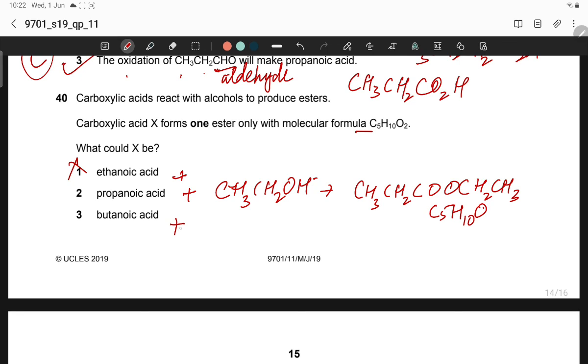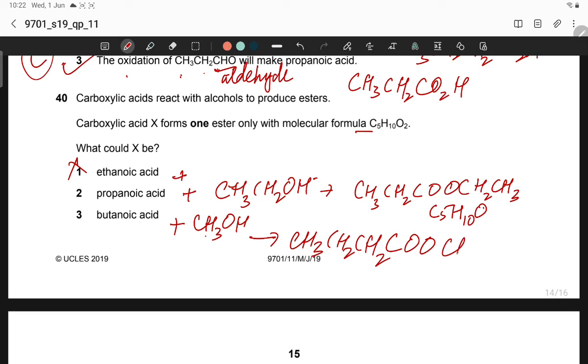And butanoic acid plus methanol, CH3OH, no other structure is possible with methanol, so only one compound is formed, CH3CH2CH2COOCH3, methyl butanoate. So with formula C5H10O2, only one type of product is formed. So this is correct, 2 and 3 are correct, so the option is C.